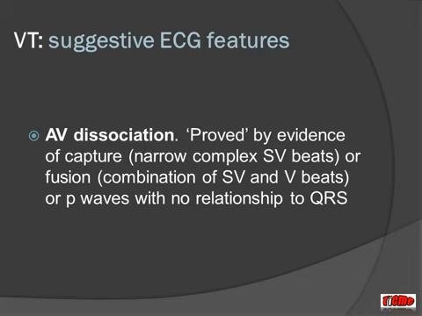We can look for fusion beats, and fusion beats is when an atrial depolarization goes through the AV node and depolarizes at about the same time as the ventricular depolarization, so you get a hybrid beat which isn't quite as wide as one of the ventricular beats. Or we may see P waves buried in the VT rhythm which show no relationship to the QRS complex. So if we see P waves that aren't conducted, we prove again that there's AV dissociation.